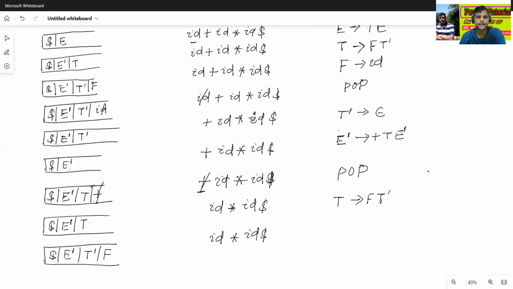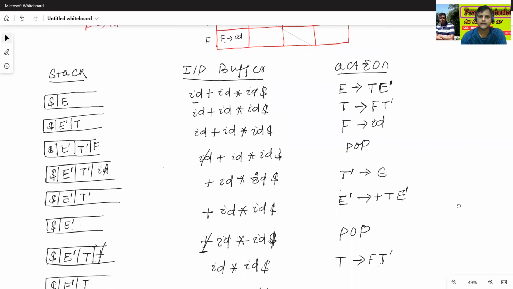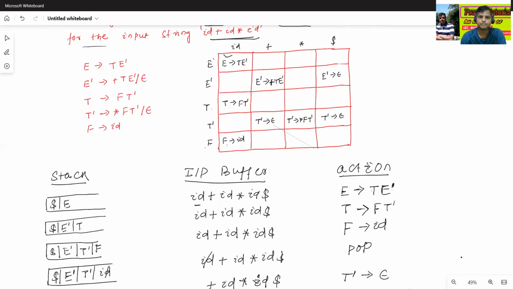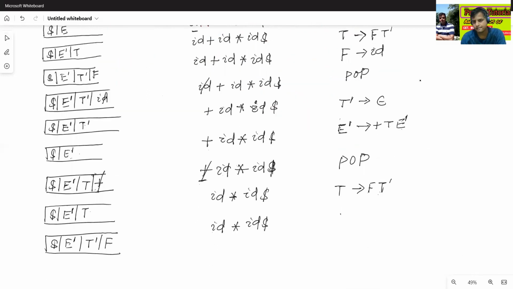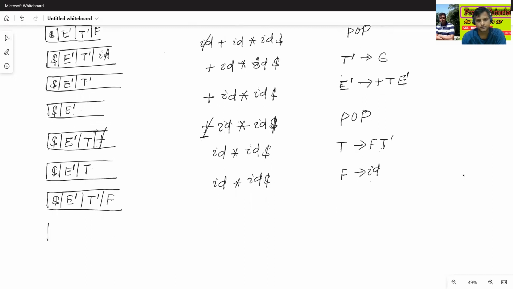Then we'll check M[F, ID] here. F on ID means F to ID, and we will replace F with ID. The stack is dollar, E prime, T prime, ID.